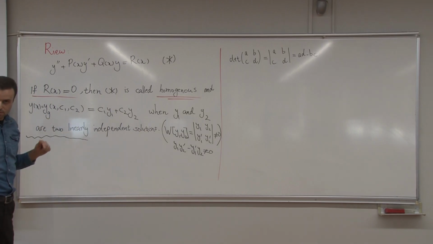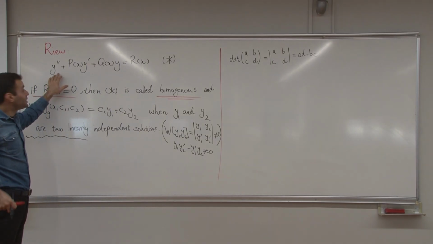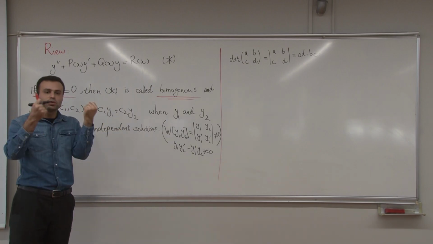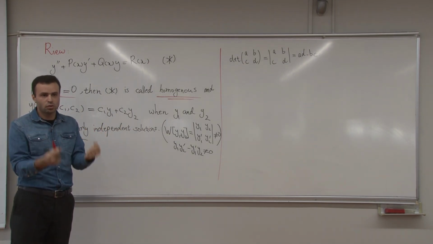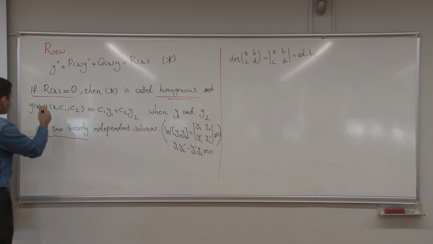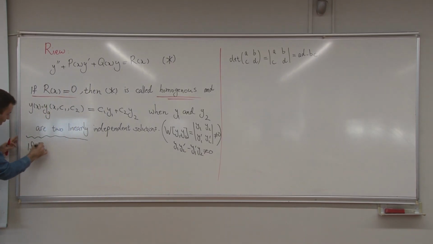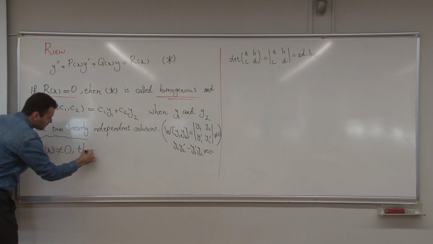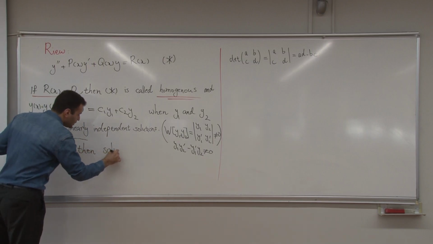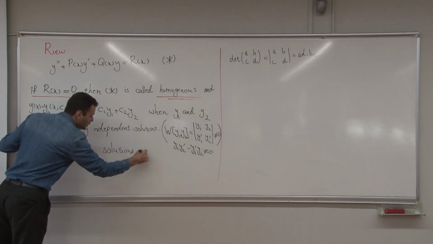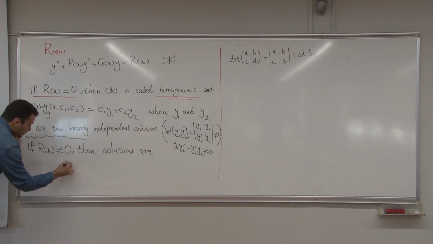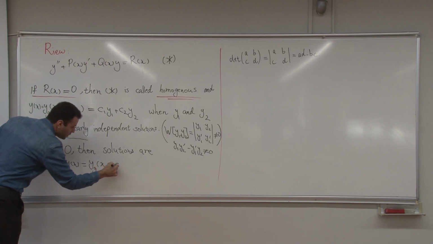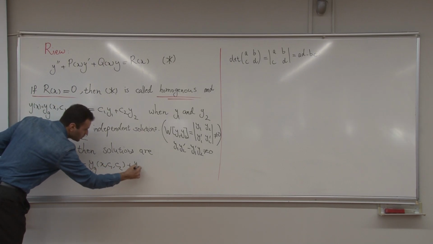For the homogeneous case, since it is a second order differential equation, we are going to find two linearly independent solutions. Okay? If it is not homogeneous, which means that if R(x) is not equal to 0, then solutions are y(x) equal to y_g(x; c1, c2) plus y_p(x).